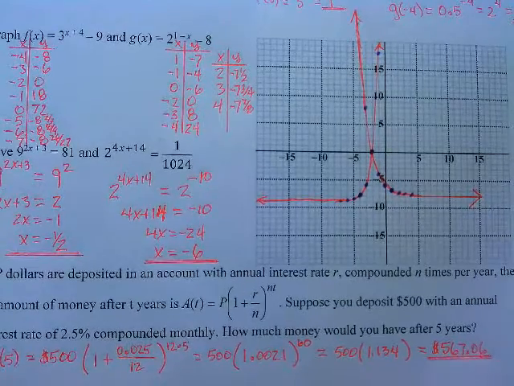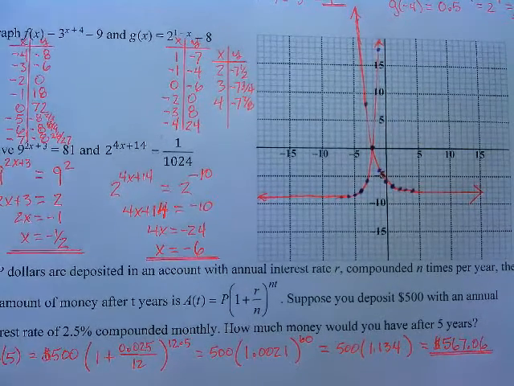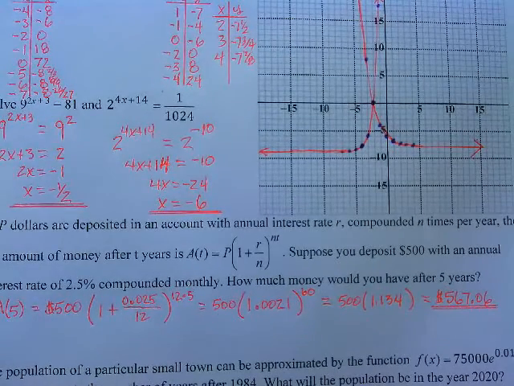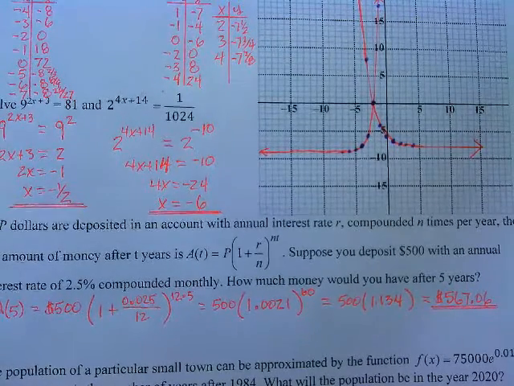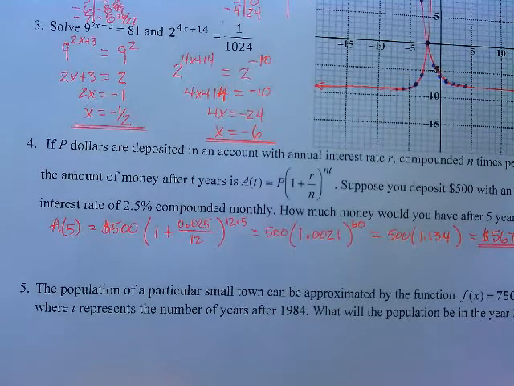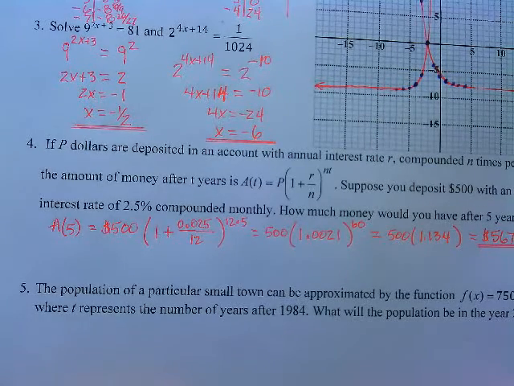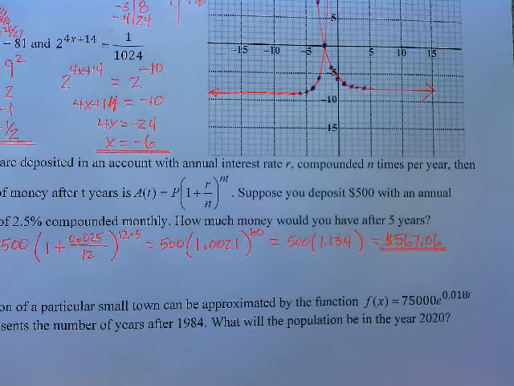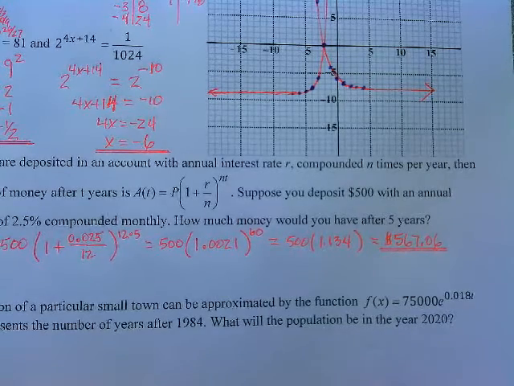All right, so as I mentioned, exponential functions can be used for growth and decay problems. Growth is usually done with something like population. So let's look at the second example here. The population of a particular small town can be approximated by the function f of x equals 75,000 e to the 0.018t, where t represents the number of years after 1984.